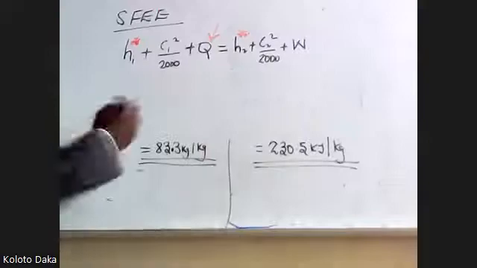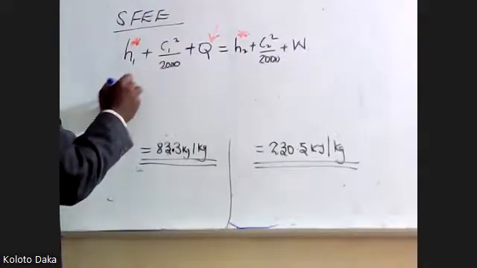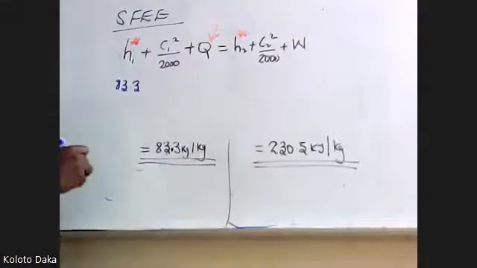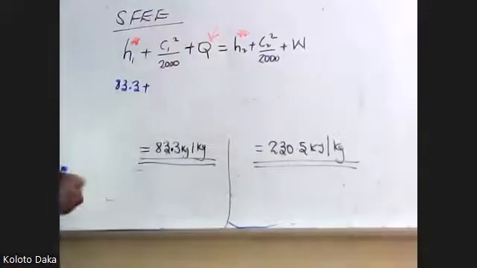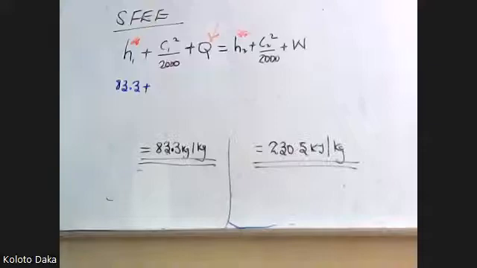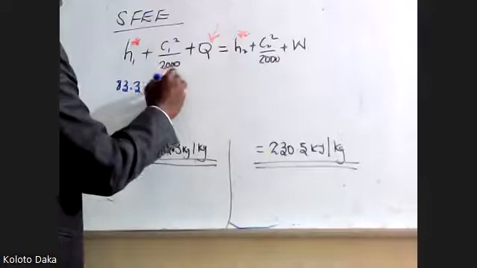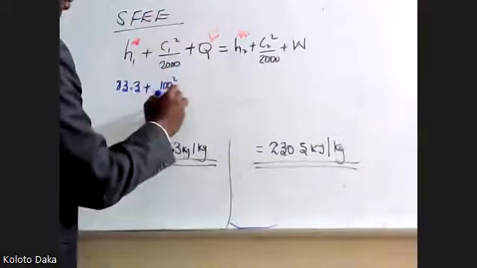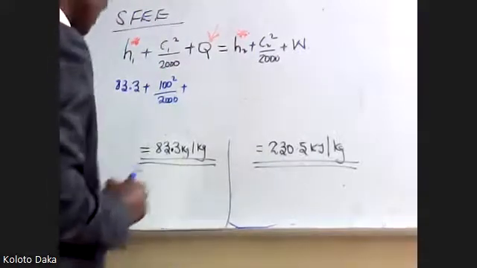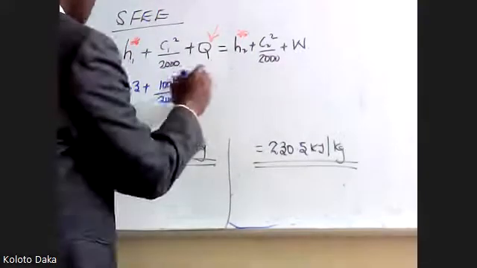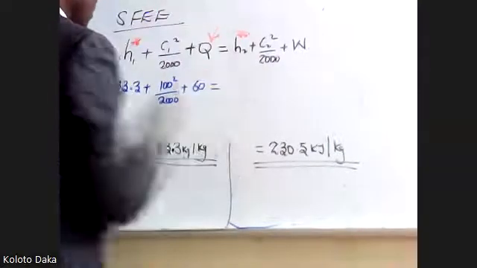We are going to have 83.3 plus, what was the velocity at entry? 100 meters per second squared over 2000. Plus Q was what? 60 kilojoules per kg.